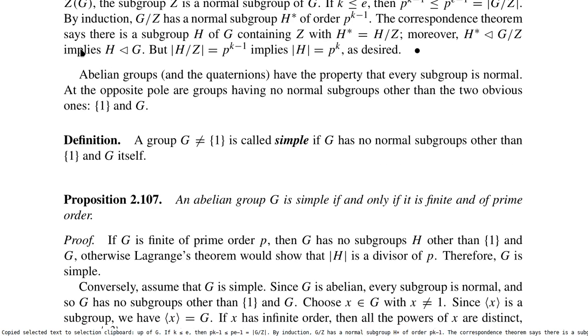Okay, so a simple group is a non-trivial group that has no normal subgroups other than the identity and the group itself.